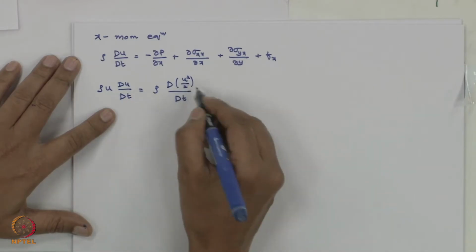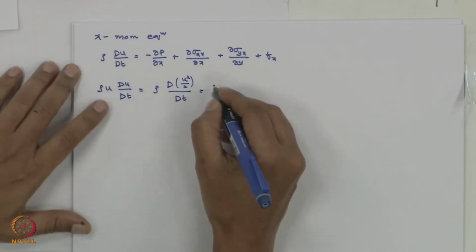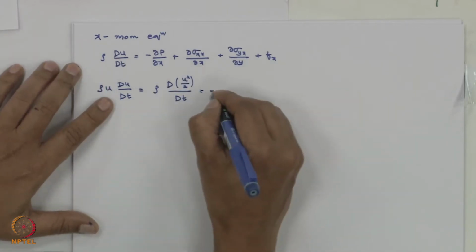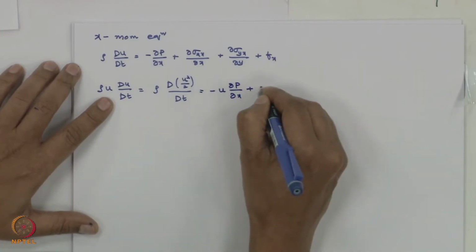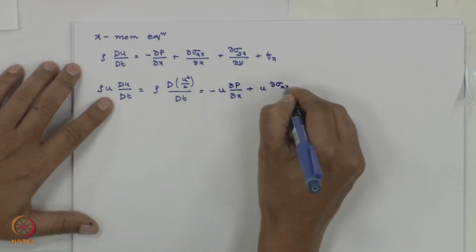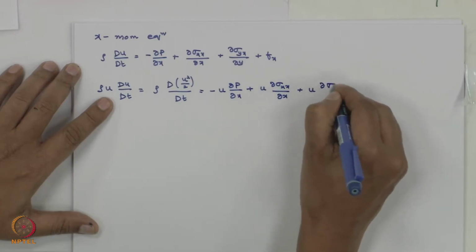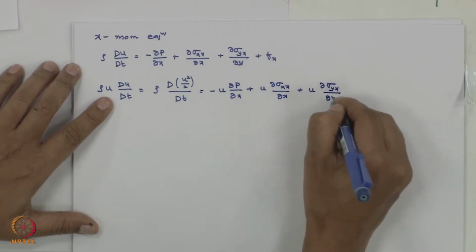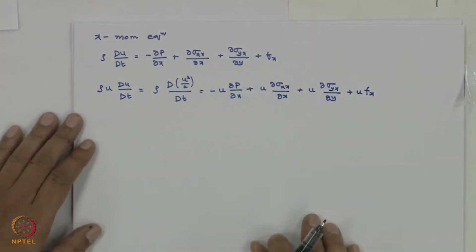So you get, since you have multiplied with u, minus u del p by del x plus u del sigma xx by del x plus u del sigma yx by del y plus u fx.